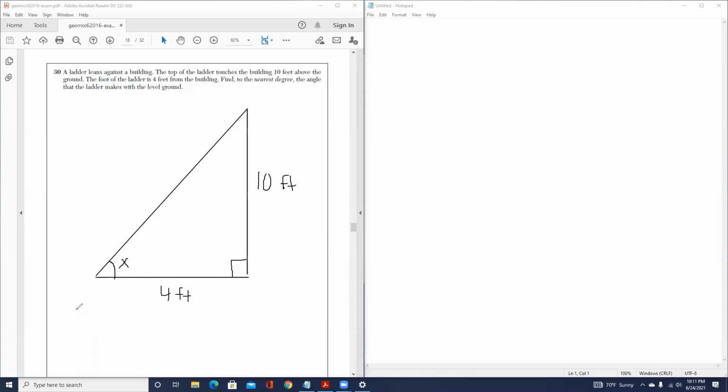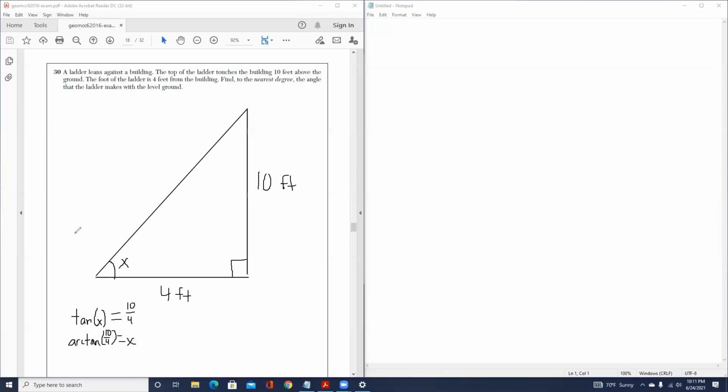Based on our trig relationships, tan of x is opposite over adjacent, which is 10 over 4. But we also know that arctan is our inverse function, so the arctan of 10 over 4 is equal to x.